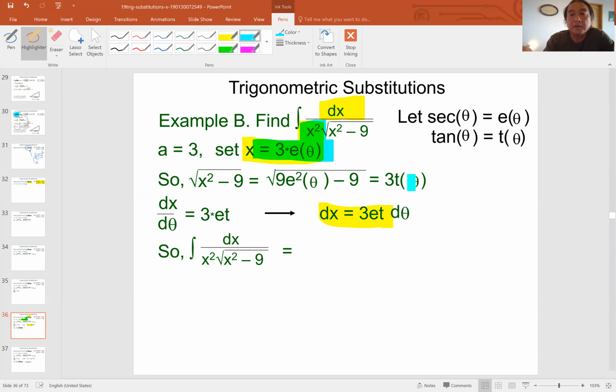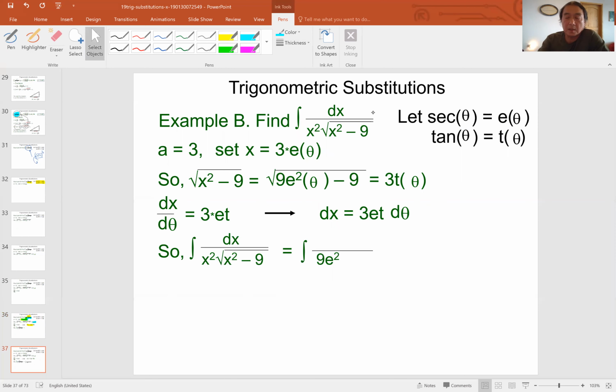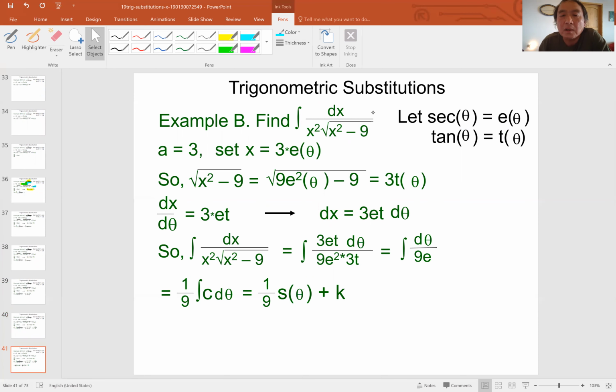Of course, this square root becomes the tangent. So dump everything in, and the algebra cleans up into sines and cosines. We're integrating cosine, so that one's easy. So we got the answer in theta.